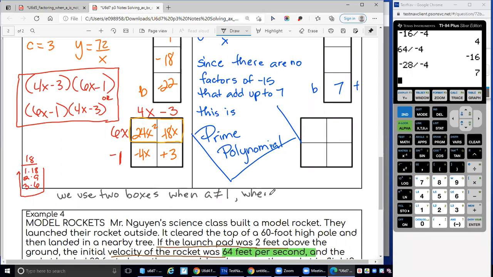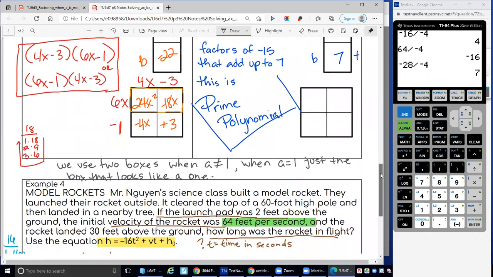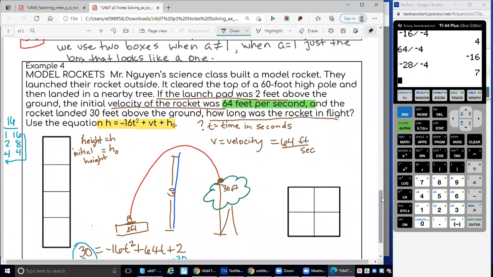When A is equal to 1, we just use the box that looks like 1. Okay. Be a little refresher. Okay. So if A is equal to 1, your life is easy, right? Our life is not so easy right now, but that's okay. Does anybody need more time?